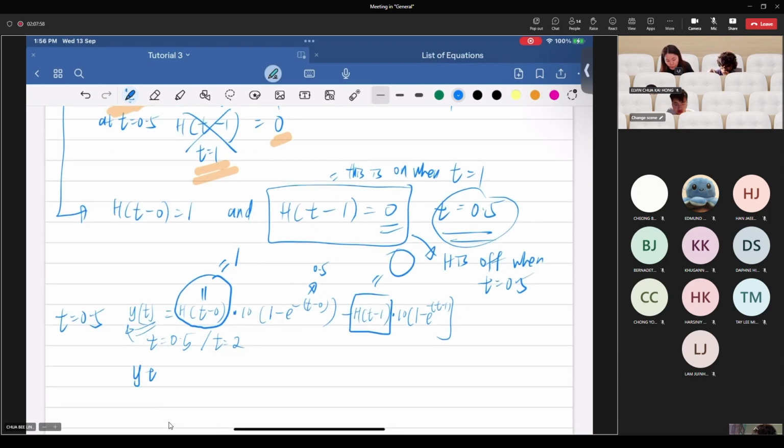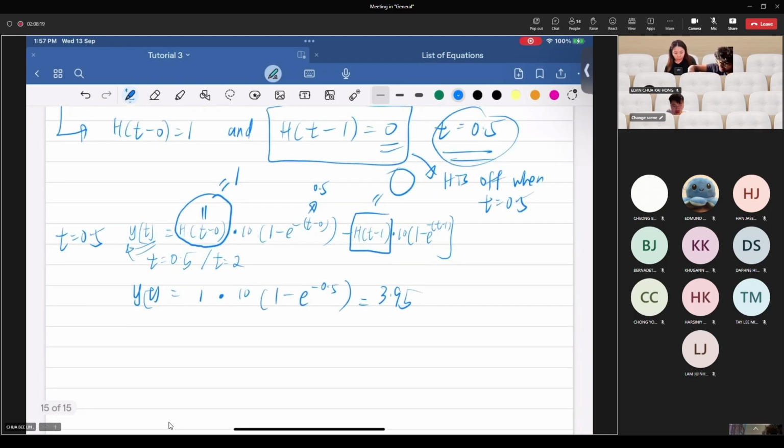So when you sub in, you will have 1 multiplied with 10(1 minus e to the negative 0.5). The answer will give you 3.95. Okay, so repeat the same one.